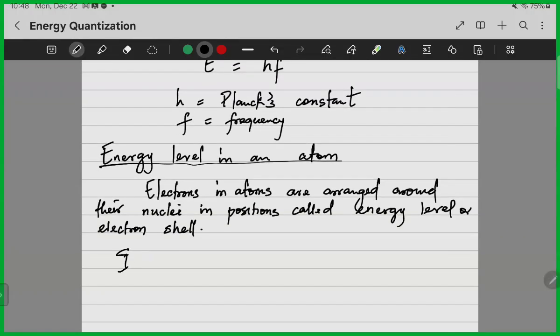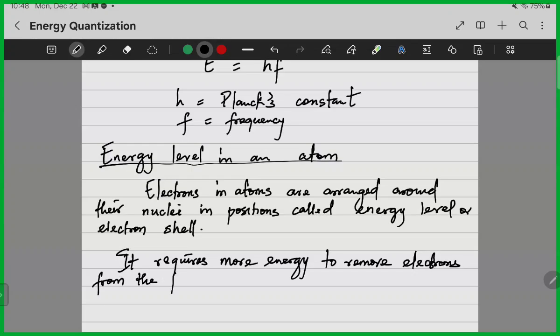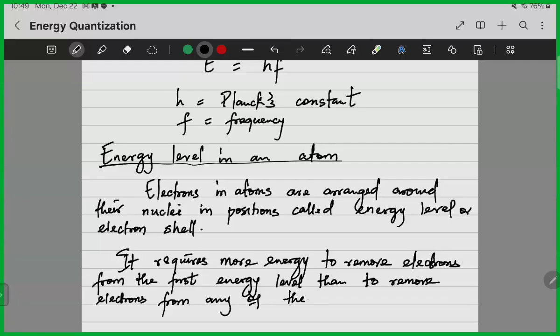It requires more energy to remove electrons from the first energy level than to remove electrons from any other higher levels.